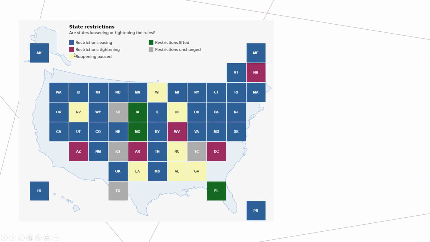The burgundy is level 5, restrictions are tightening, like Arizona and Arkansas. The yellow ones are reopenings paused, level 4. The gray ones are restrictions unchanged, level 3. And the green ones are restrictions lifted, level 1.